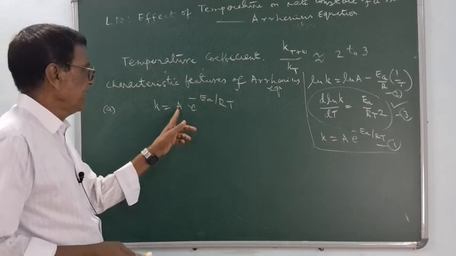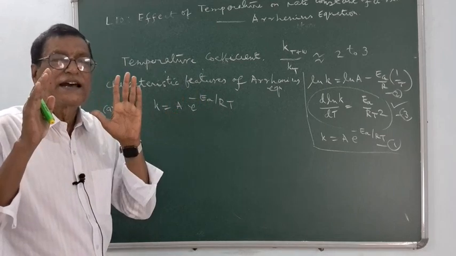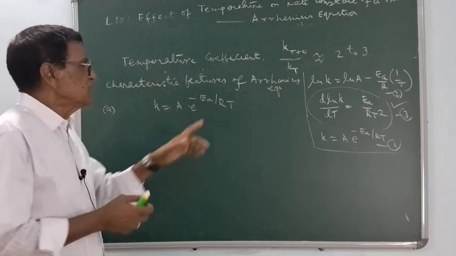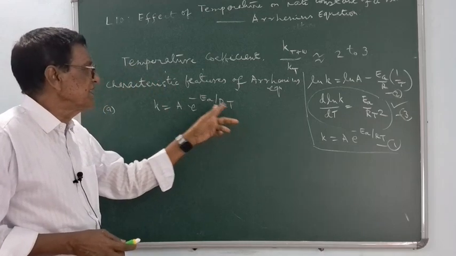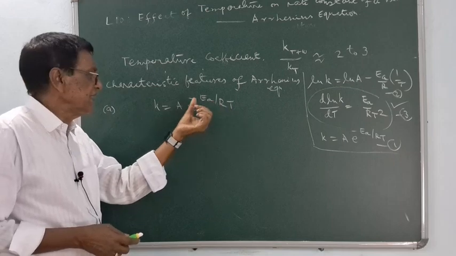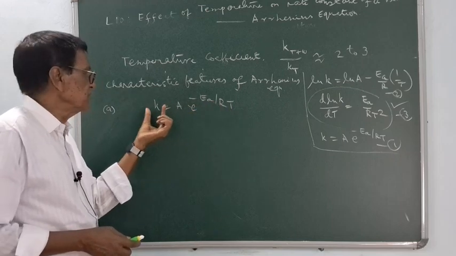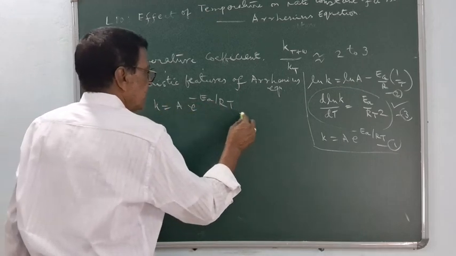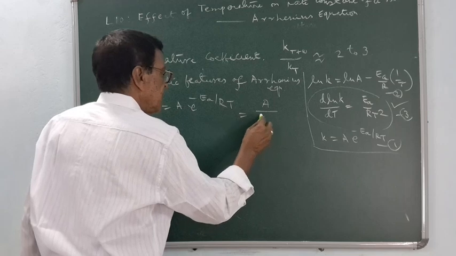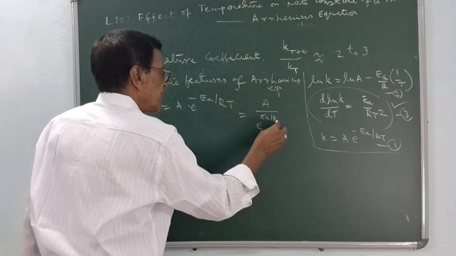EA and A are temperature independent, it has been assumed. So with the rise in temperature, this exponent value is decreased, and because of the negative sign, the term is increased. You can write this as A divided by e to the power EA by RT.